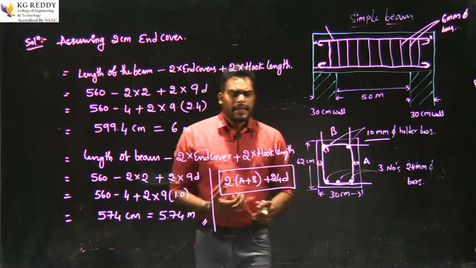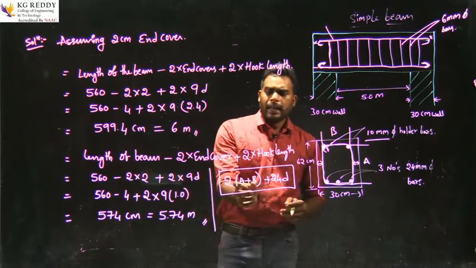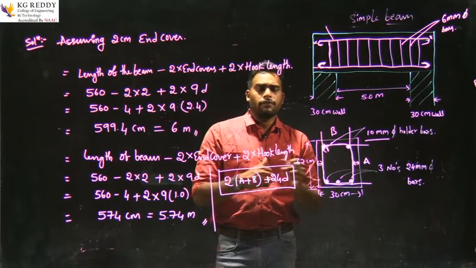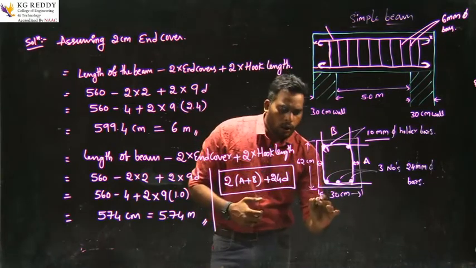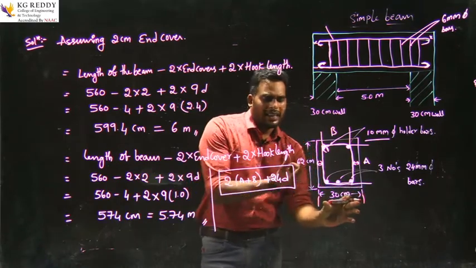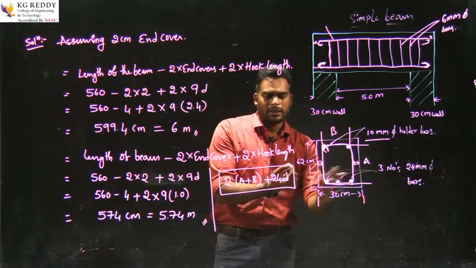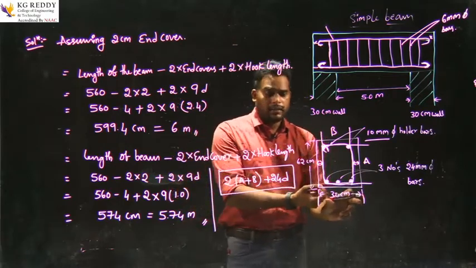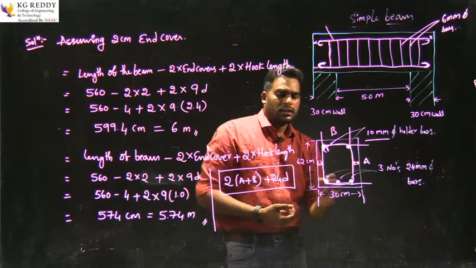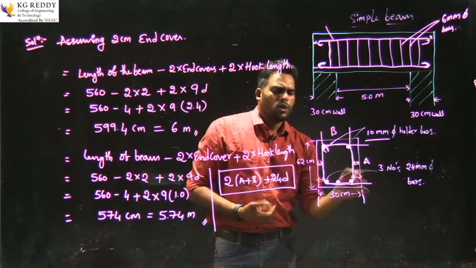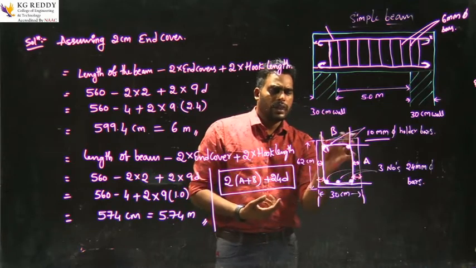Now we will find the a and b values in this stirrup. See the dimensions of the beam here. You mentioned 30 centimeters. This one is the end cover, so we don't want this end cover. We just need the length of this b value.